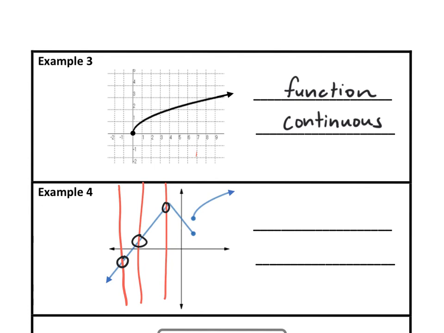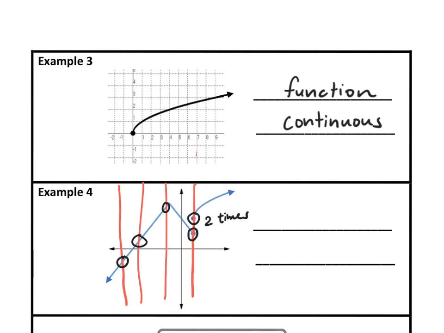Okay, but the interesting part is this gap here. If I draw a vertical line through here, how many times do I hit the graph? Well, it looks like it hits 2 times.